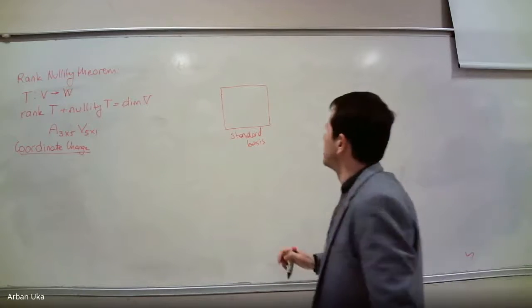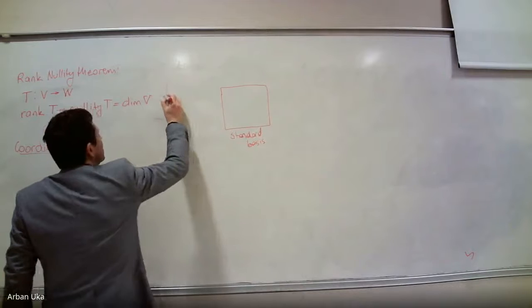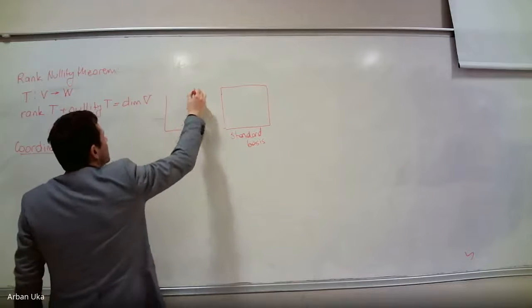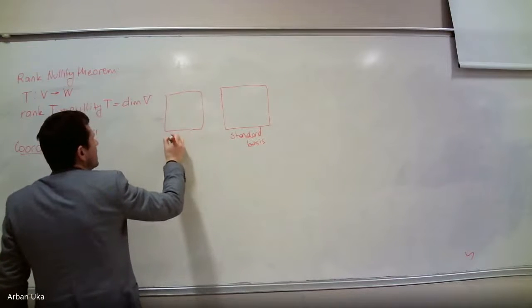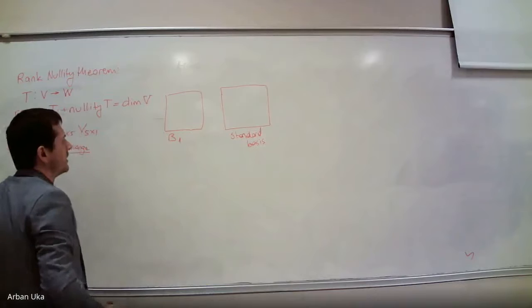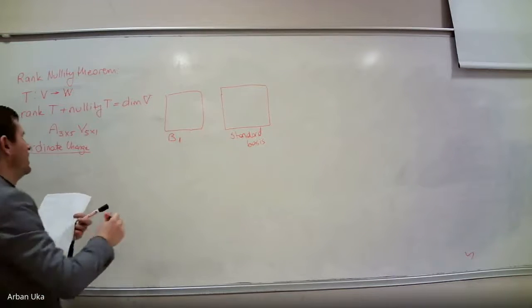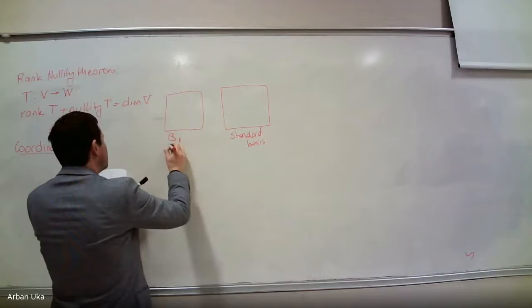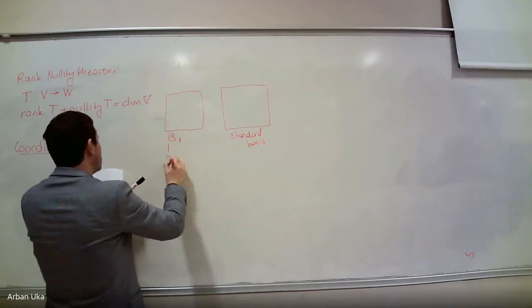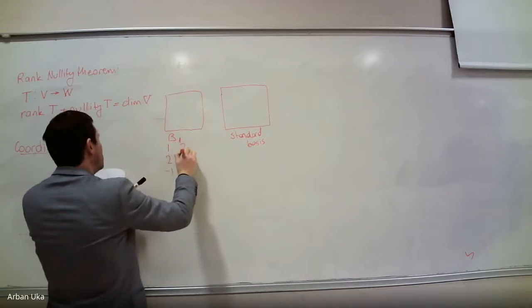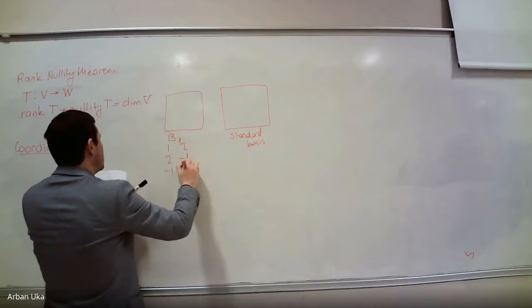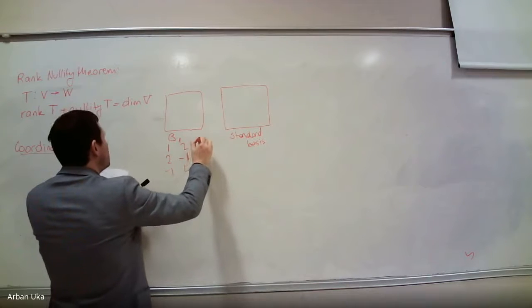Next to this standard basis, we can have another basis which we call basis B1. The numbers that define this basis could be the following: 1, 2, minus 1, 2, minus 1, 4, and 3, 2, 1.